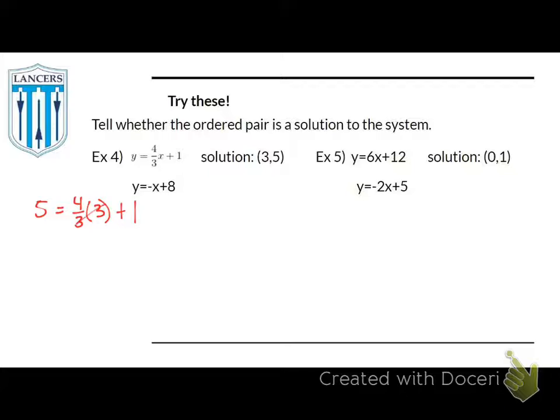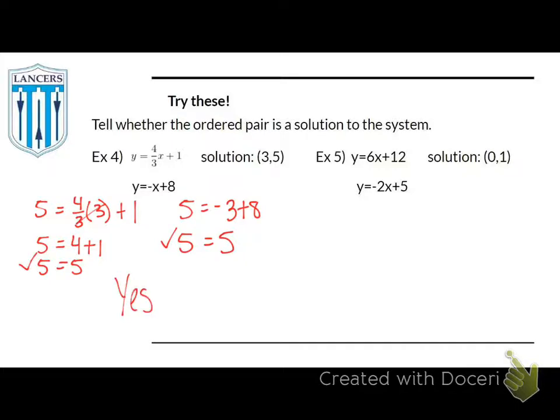They cancel out. So we're just left with 4 plus 1, which is 5. That one worked. We try it in the other one. -3 plus 8 is 5. That one worked. So yes, it's a solution. Good job with the thumbs up.